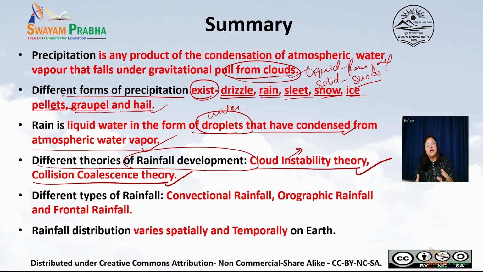And while these ice particles fall from the higher limits of the atmosphere, they are converted into droplets. The cloud instability theory mainly talks about the rainfall mechanism in the mid-latitudinal and higher latitudinal areas, while the collision coalescence theory talks about rainfall formation in the tropical areas, where various big, small, tiny droplets collide together to form very big water droplets.